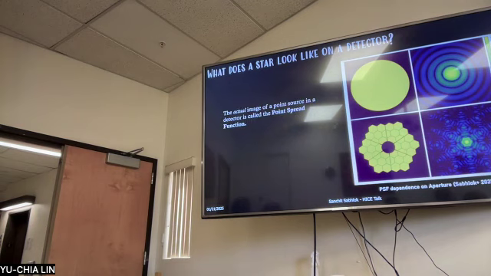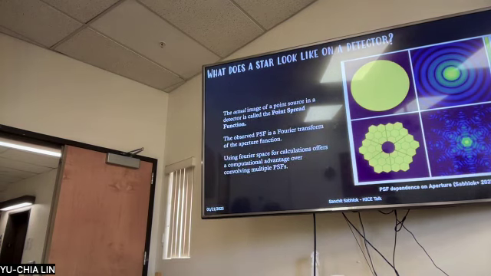This is something people here would probably know very well about, but your PSF depends on your aperture. If you have a circular aperture, you have an Airy ring, that is the Keck aperture, giving you a perfect diffraction pattern. But the critical thing here for the purpose of this talk is that the observed PSF is a Fourier transform of the aperture function. In a perfect world, you would just get a perfect PSF.